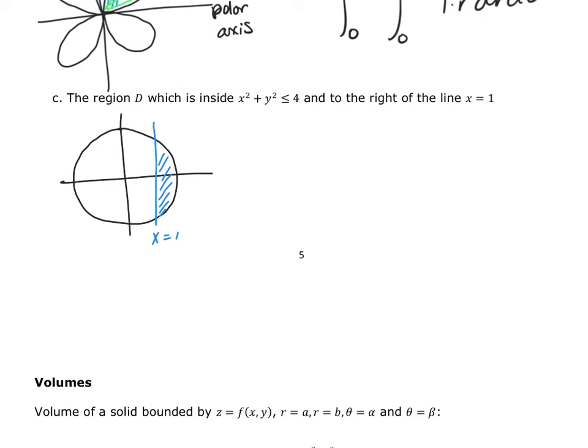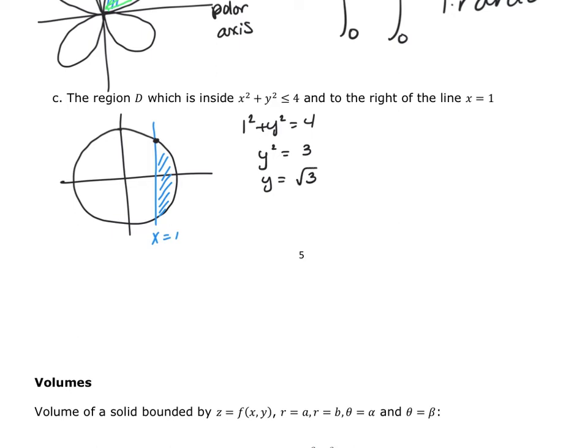So for this one, what we're going to want to do is find our theta, and we need to figure out where this thing crosses so we can figure out what our theta is. So we have an x value, which is 1. So we have 1 squared plus y squared is equal to 4. So y squared is going to be equal to 3, so y is going to be the square root of 3.